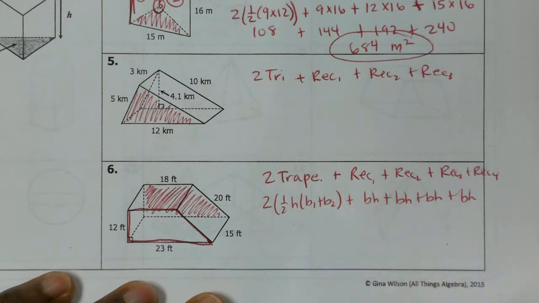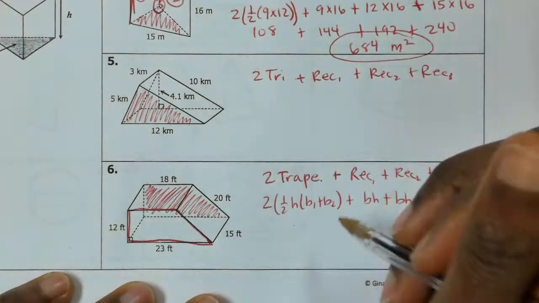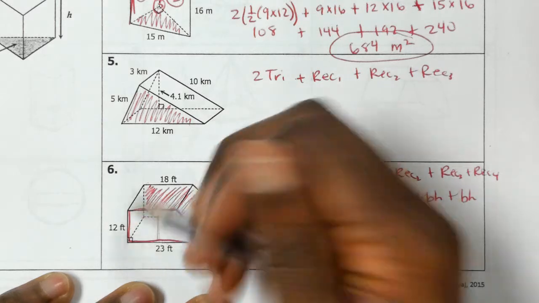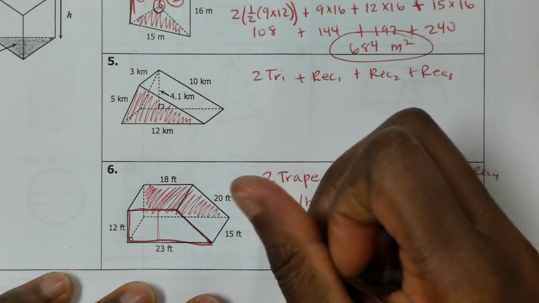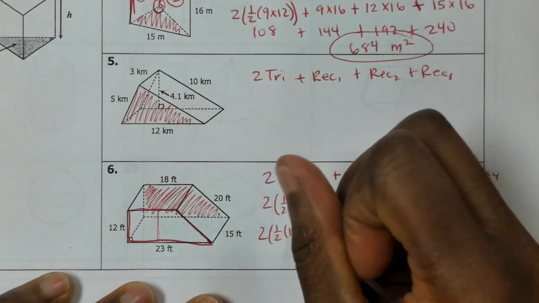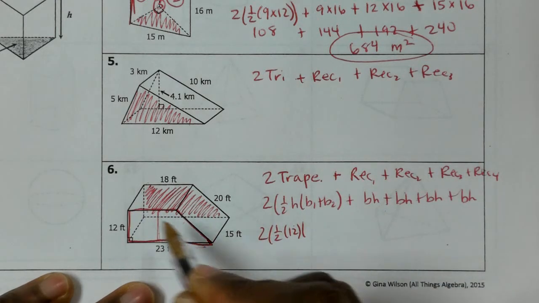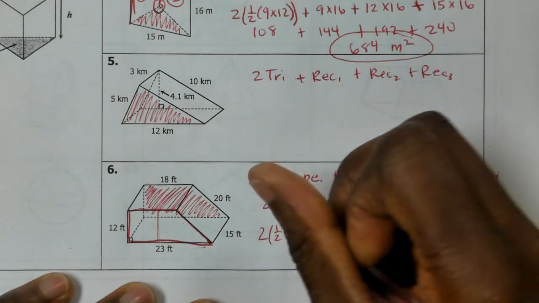Alright, 2 times 1/2 is just going to go away, so the height of the trapezoid we need to figure out. So how tall is it right here? Well, it's the same dimension as this, so it's a 12. And then the bases are the parallel sides of the trapezoid, so it's 18 and 23.